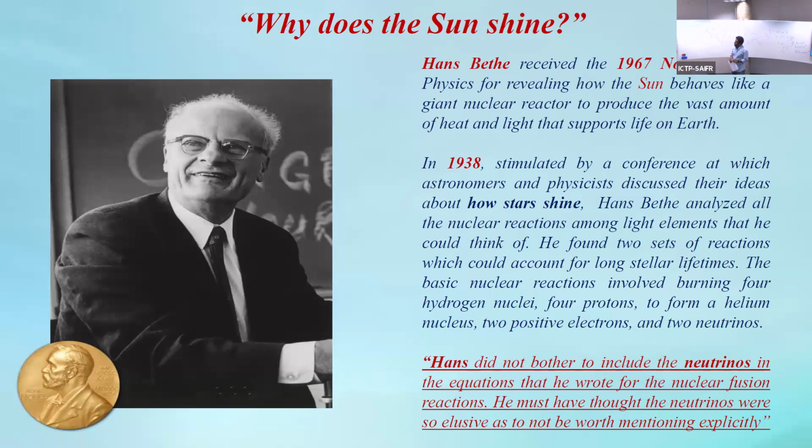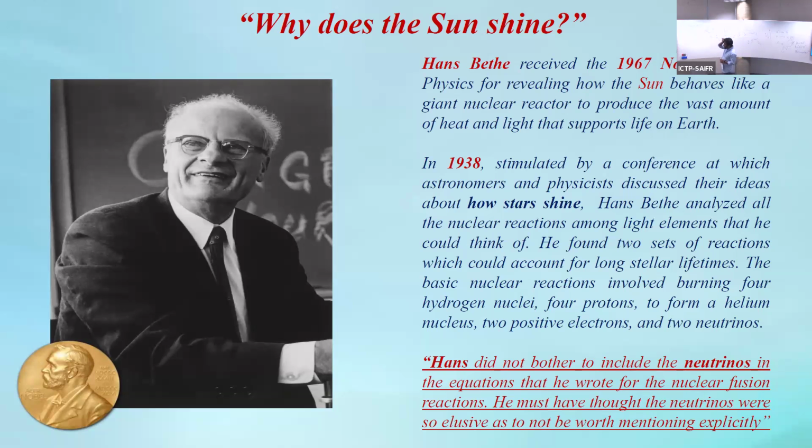Hans Bethe, if you go back a bit, in 1938, there was a conference for astronomers and physicists. There he got the question, how do stars shine? And it led him to think about all these reactions which we write down nowadays for nuclear fusion.